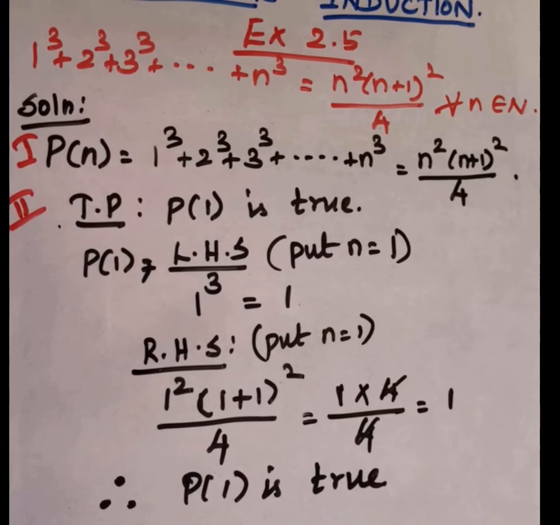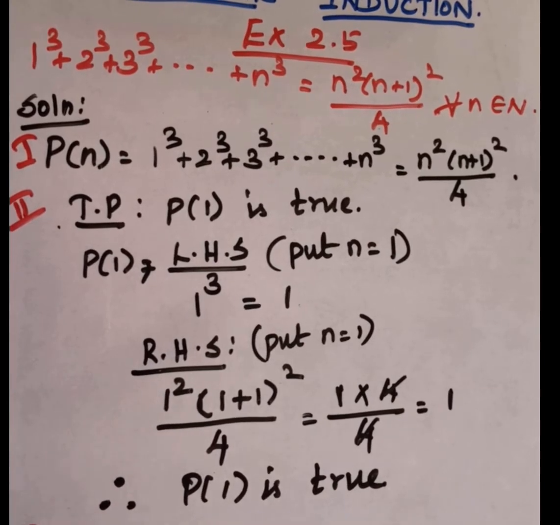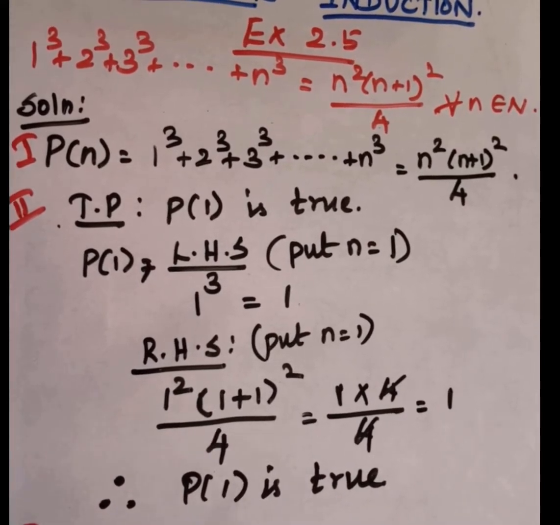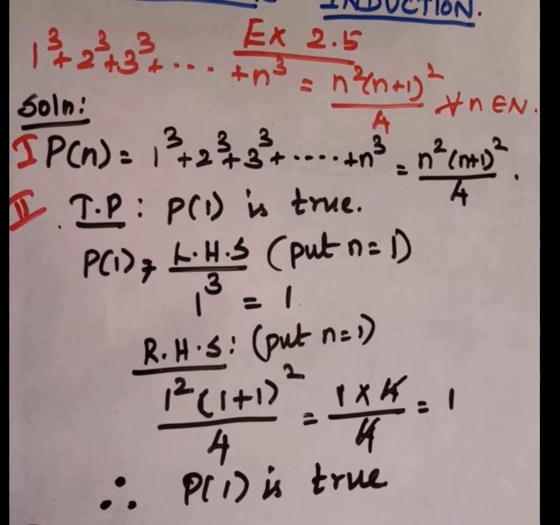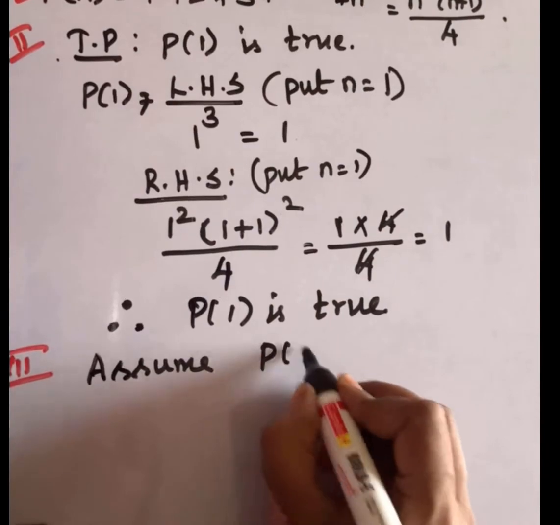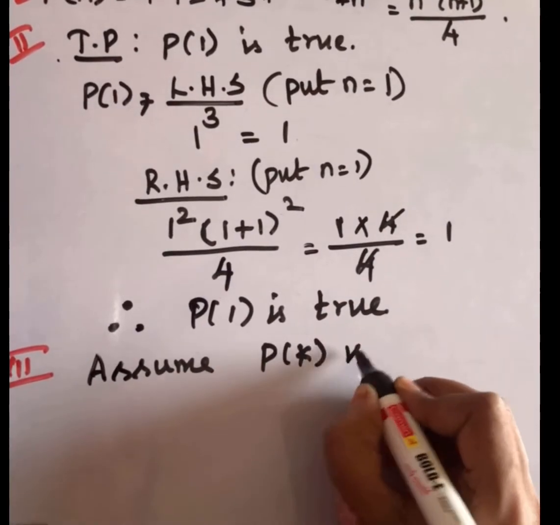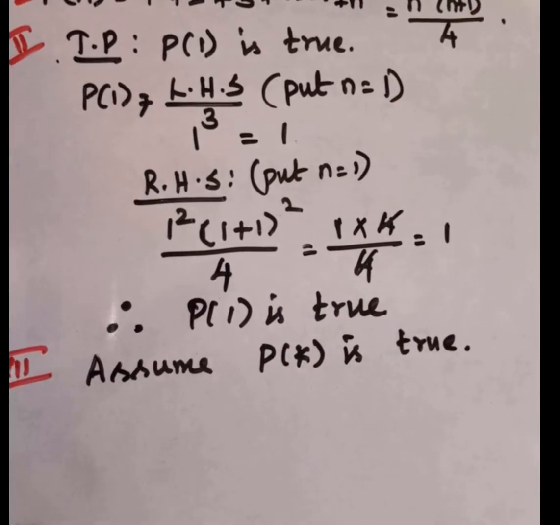Now, the next step: you have to assume. Here there is no need to check or prove; we have to assume P of k is true. Instead of n, you substitute k.